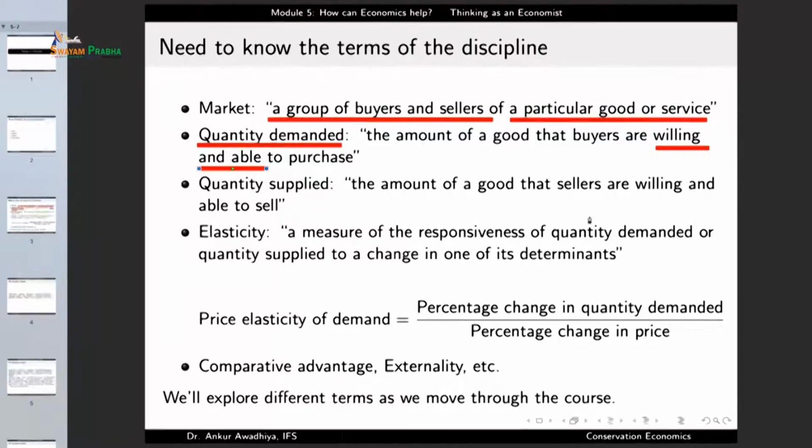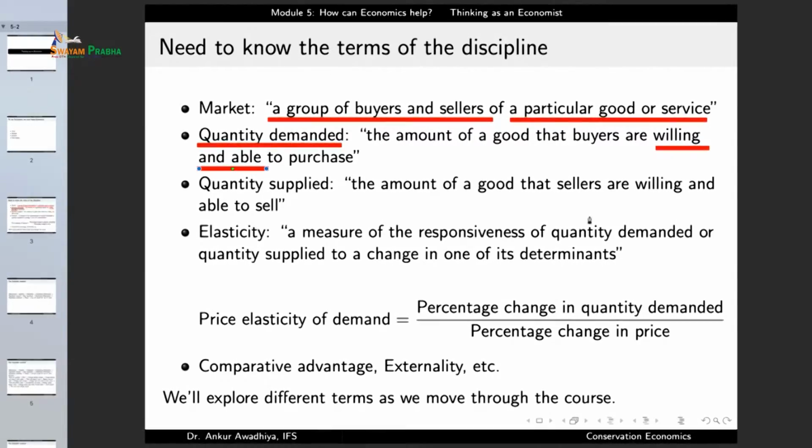And so, if you want to perform conservation, you will have to act at the level of these markets as well. So it is important to know what is the market, who is the buyer, who is the seller, what is the quantity demanded, what is the quantity supplied, and then you can even act at this level.